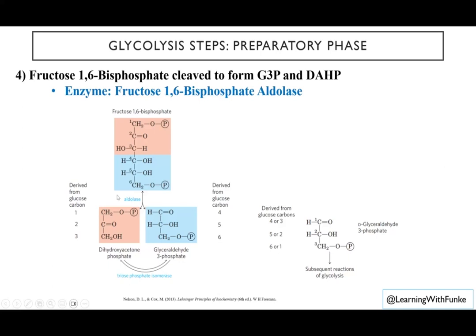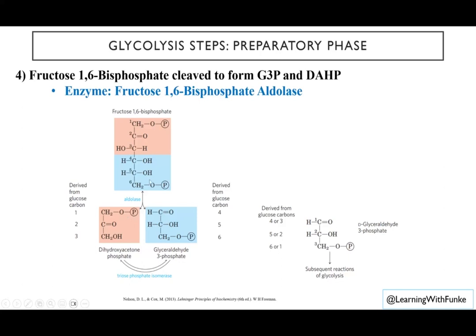This is the first carbon here, right? If you're looking at the chemical structures, this carbonyl group is carbon 2, and then this 3rd carbon is just here. After it undergoes the cleavage, this just becomes CH2OH, right? Because it reacts with water.